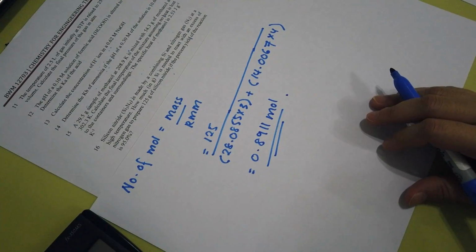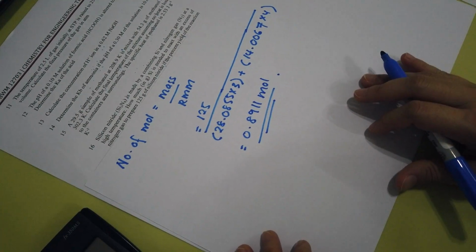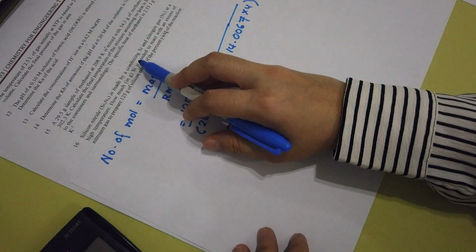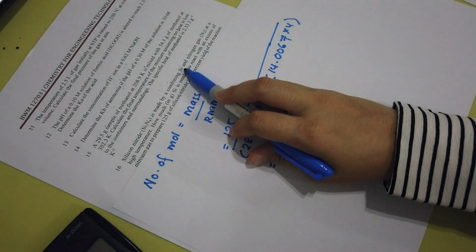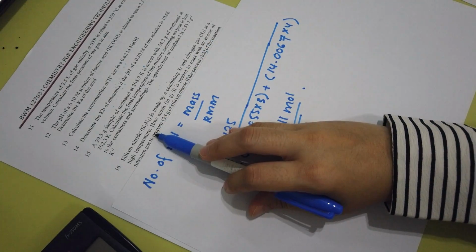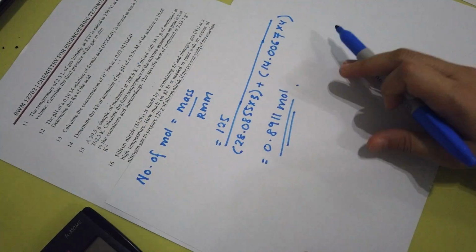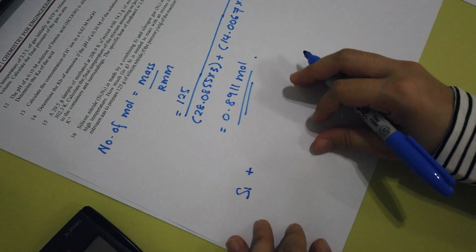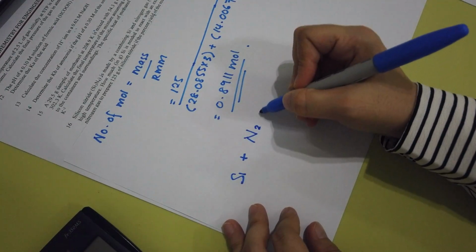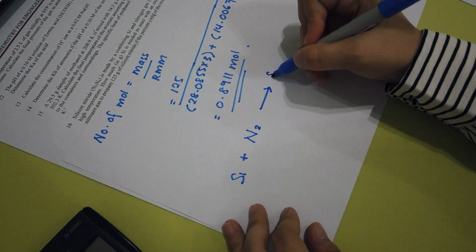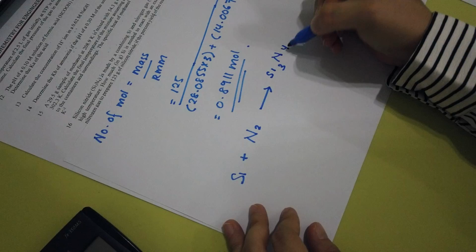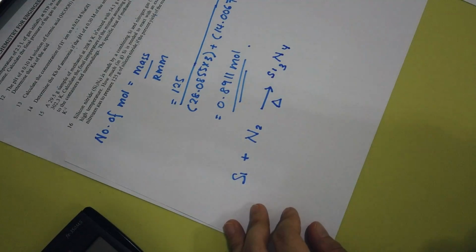Okay, the next thing you need to do is make the chemical equation between silica and also nitrogen gas. So it's stated here by combining silica and also nitrogen gas at high temperature to produce silicon nitride. So Si plus nitrogen supposedly will produce Si3N4 at high temperature.